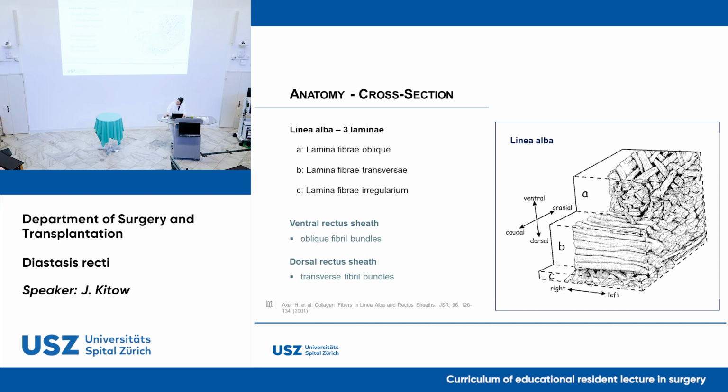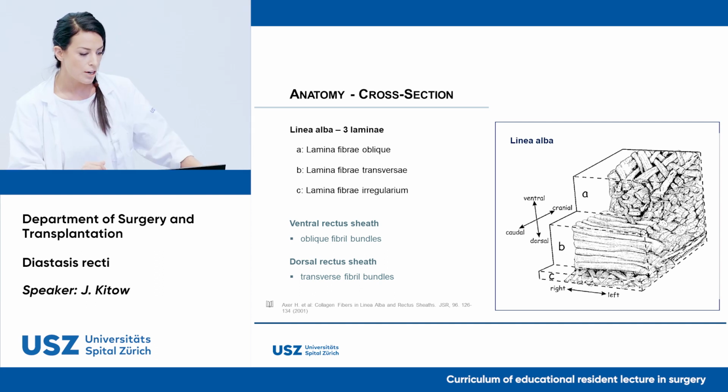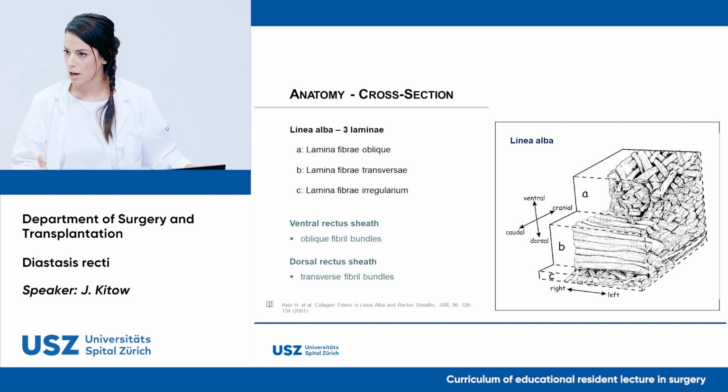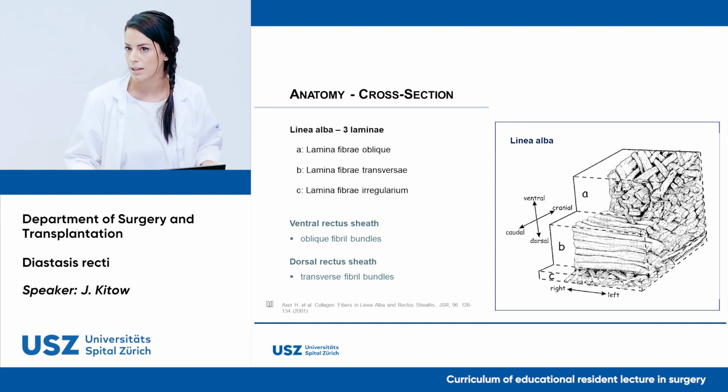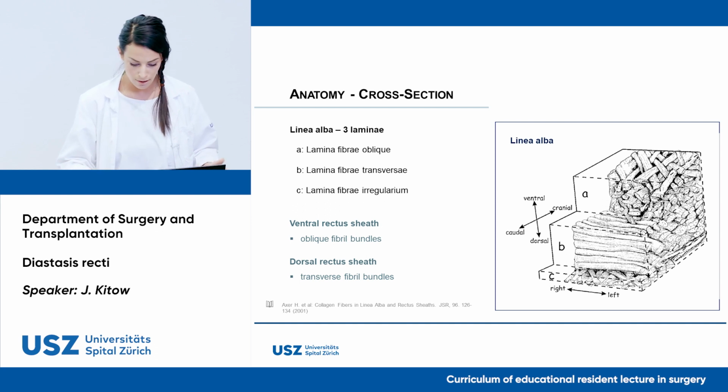Those laminae are named according to the orientations of the fibril bundles. And it's very important to notice that, first of all, women tend to have a greater layer of transverse fibers. And secondly, women tend to have a smaller or thinner linea alba at the infraumbilical region.